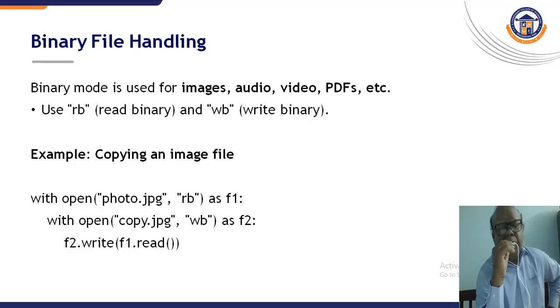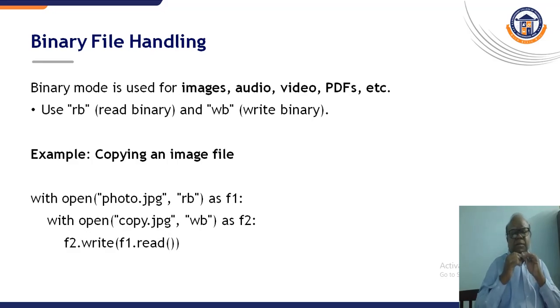With the help of object f2 you are writing the content of the f1 object. f1.read will read photo.jpg and it will write it to the file copy.jpg. So the entire photo will be copied from one file to another file.